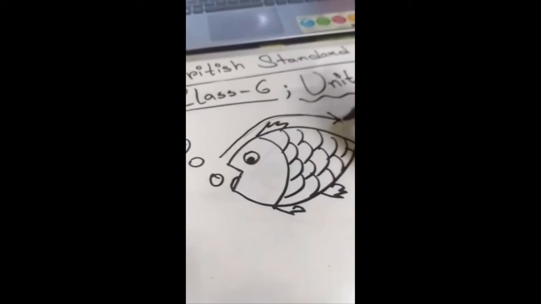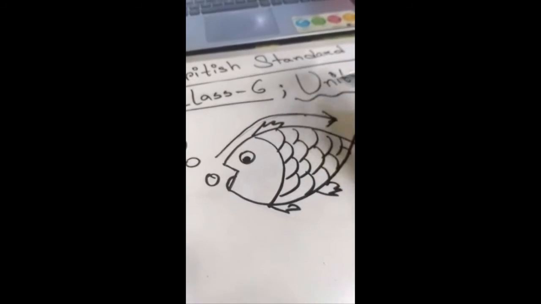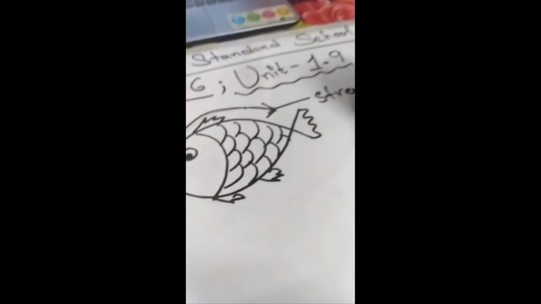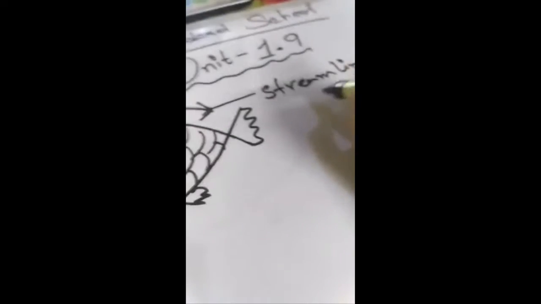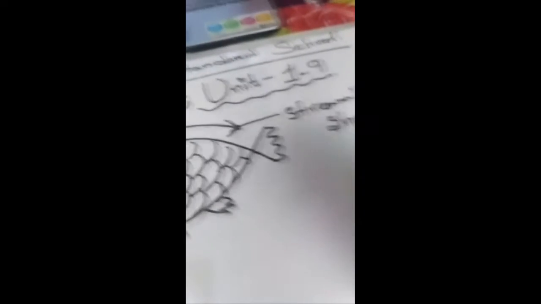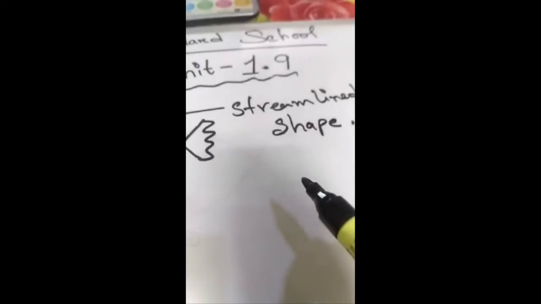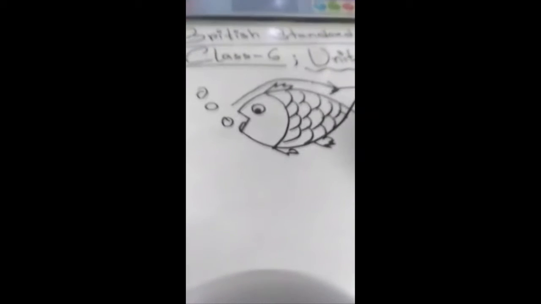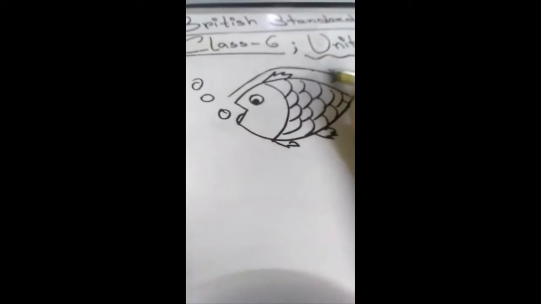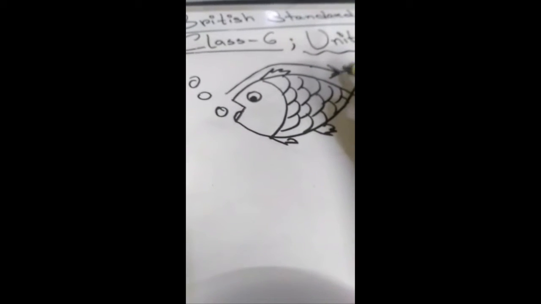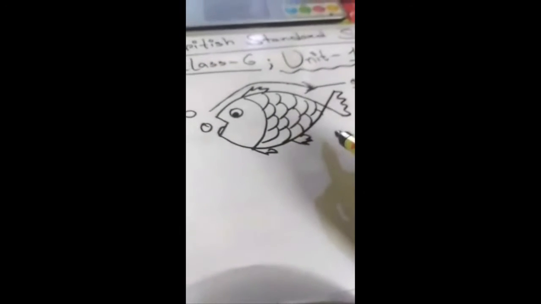Why do they need a streamlined shape? Because of this streamlined shape, they can easily swim through what? Water. So this streamlined shape helps them to swim through water easily.